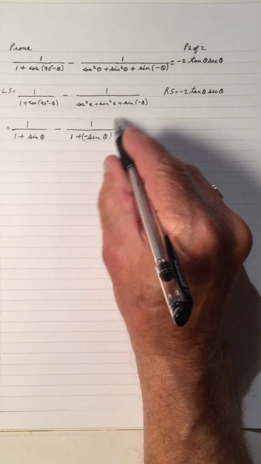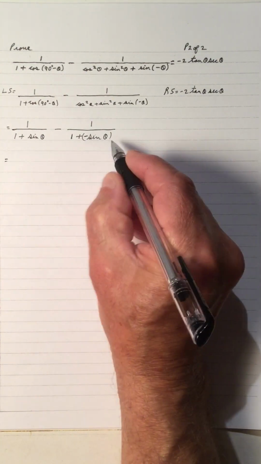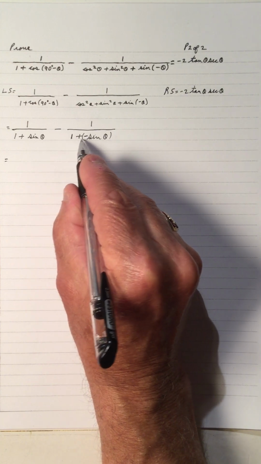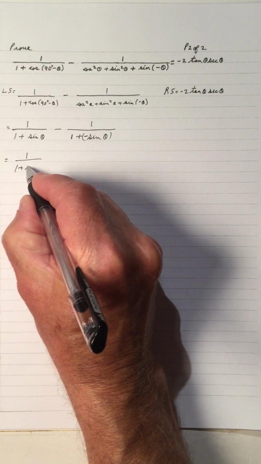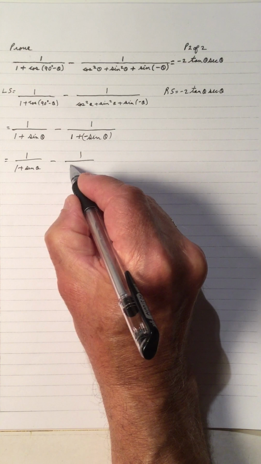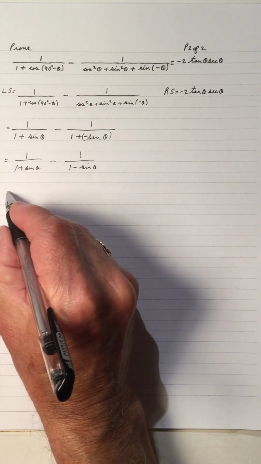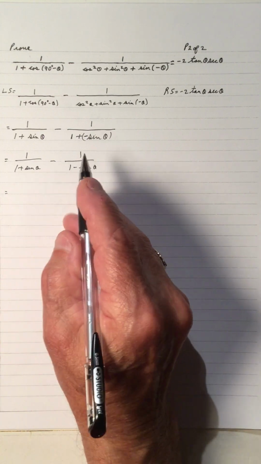Now we have that side simplified, so let's look at the two fractions. Right here, this is 1 subtract sine theta, so let's rewrite that to keep it straight, with no confusion. We have two fractions, and the common denominator is the product of these two because they're different.